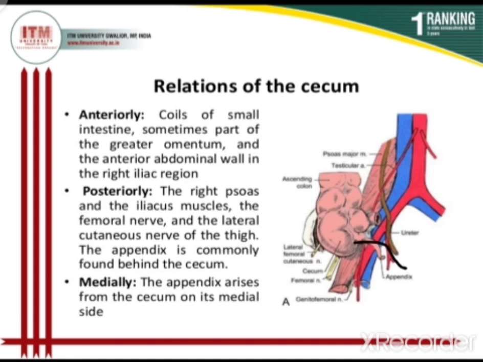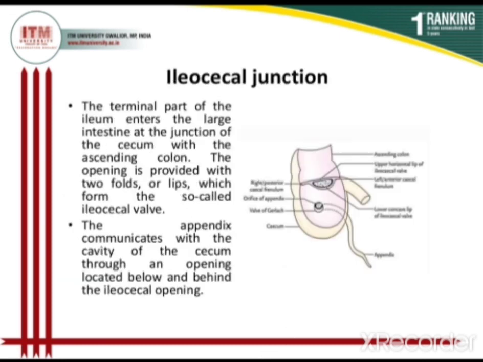Posteriorly there are the psoas and iliacus muscles, the femoral nerve and the lateral femoral cutaneous nerve. So these are the various structures related to the cecum.